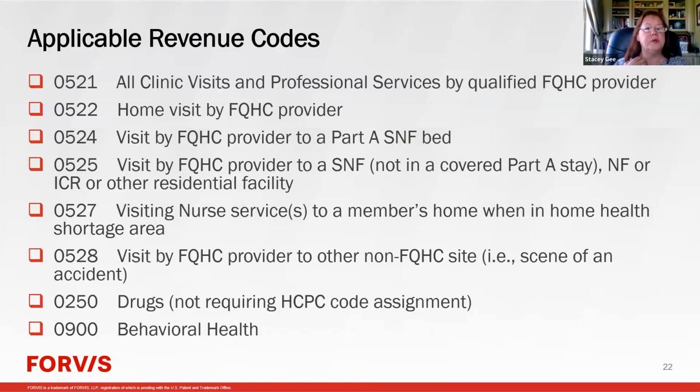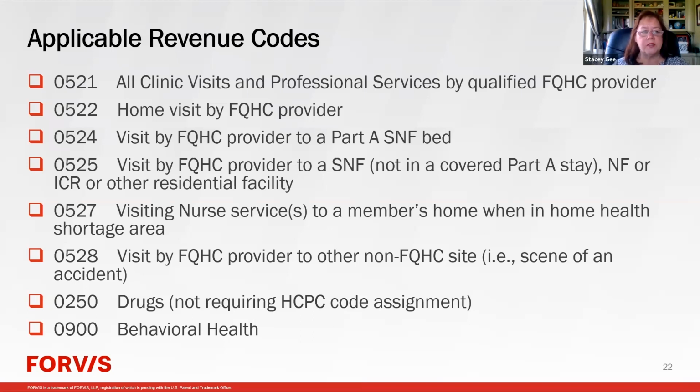Okay, these are applicable revenue codes. And it's just a quick reference that helps identify quickly the service lines that we're looking at. So 0521 is typically what we see on most of the FQHC claims when we're doing any kind of review or assessments. 0521 is what we're going to see, but you can see there are some other ones.